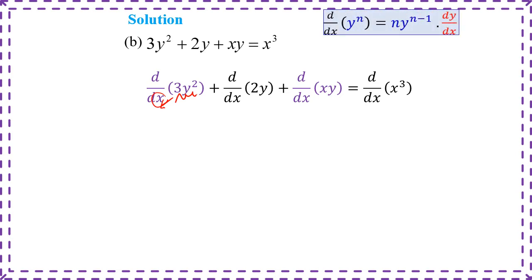So y to the power of n, differentiated with respect to x, will be n y to the power of n minus 1. So we have y to the power of 2. This 3 is just a coefficient, just copy back 3, and then this 2 needs to be brought down as a coefficient. So 3 multiplied by 2 will be 6. Okay?